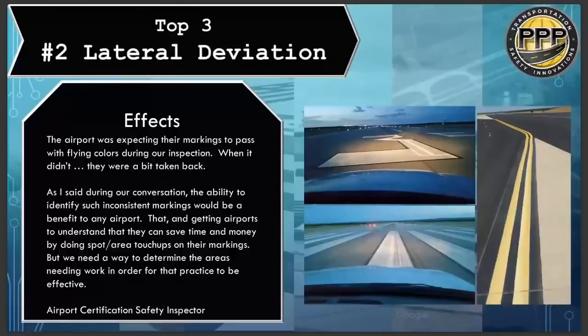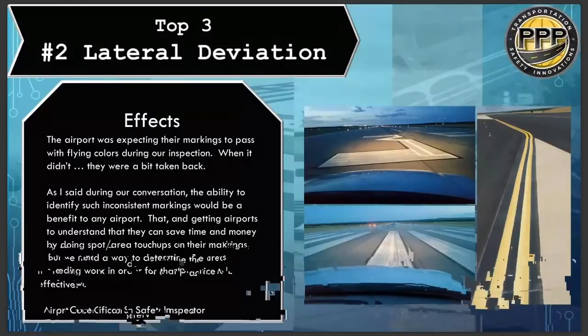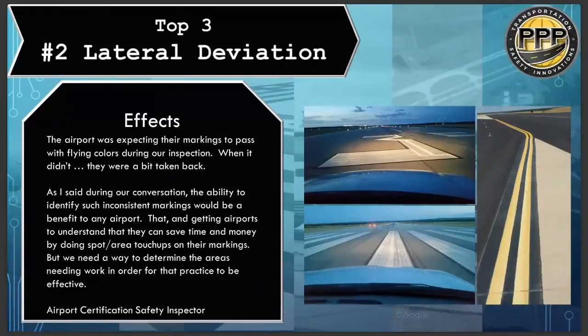This is all about lateral deviation or uniformity of appearance, and I'm not going to read this whole thing, but what I did want to mention was the last sentence, where he says, we need a way to determine the areas needing work in order for that practice to be effective. And that practice, he meant getting airports to understand that they can save time and money by doing just certain maintenance on their markings, but you have to be able to identify it. And he was saying, man, that would be really cool if there was a way to do that. Well, that's what this webinar is really all about.